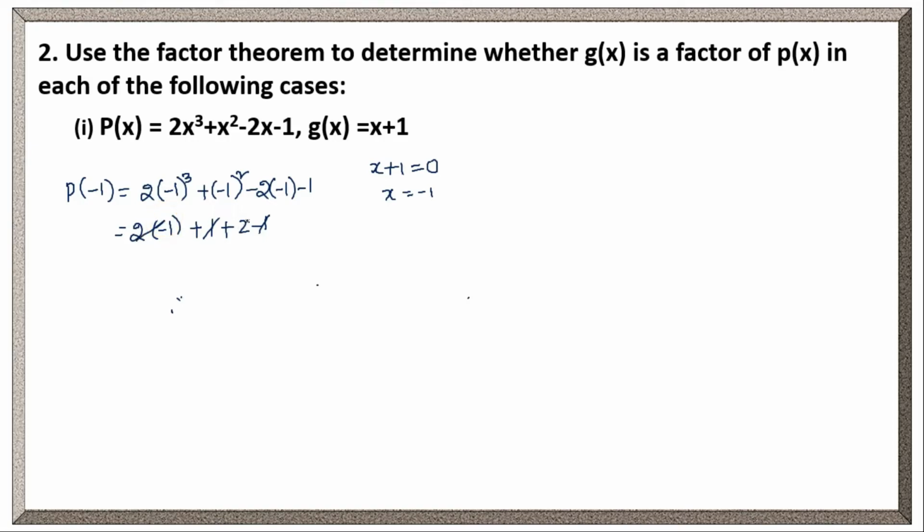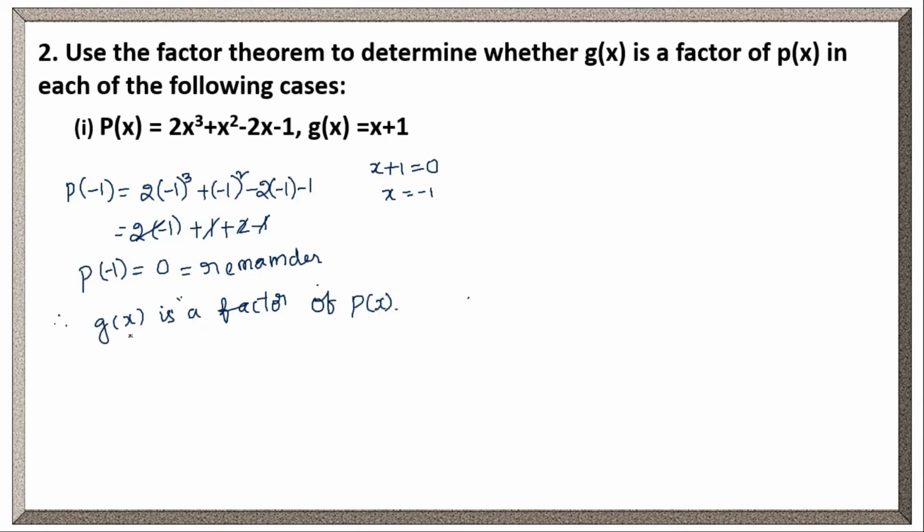Here -2 +2 will get cancelled. Here we got the remainder as 0. By the factor theorem we can say if the remainder is equal to 0, then g of x is a factor of P of x. Yes?